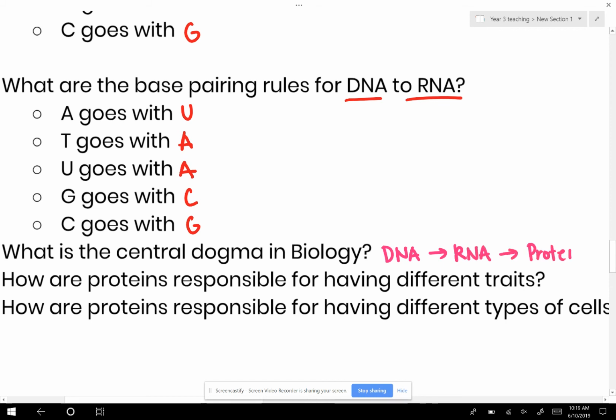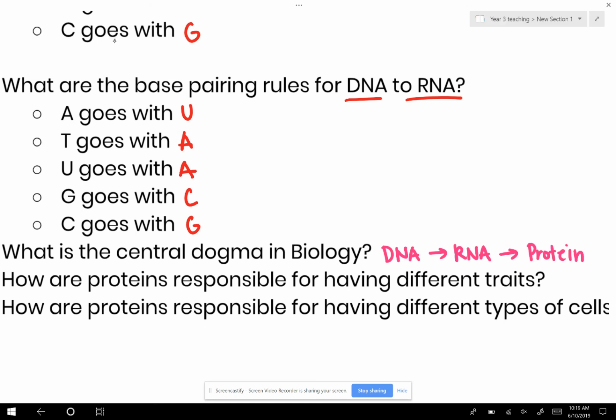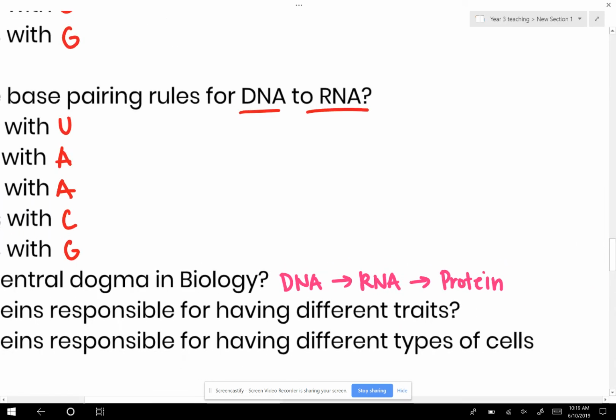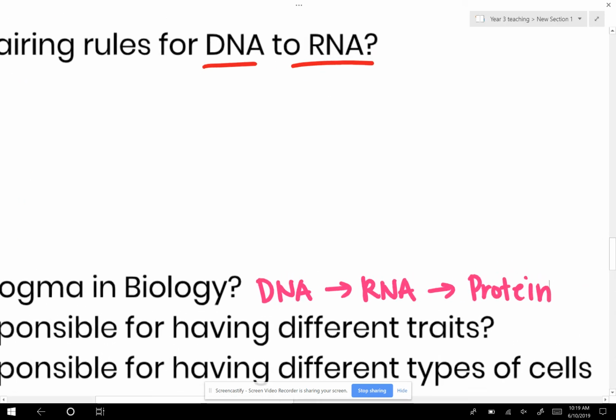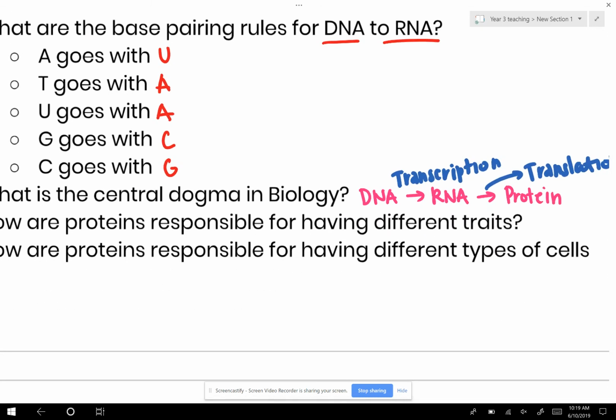And there are a couple of processes that happen so that we're able to get this. In order to go from DNA to RNA, we have transcription, right? And to go from RNA to protein, we have translation. So those are our things on there, right?